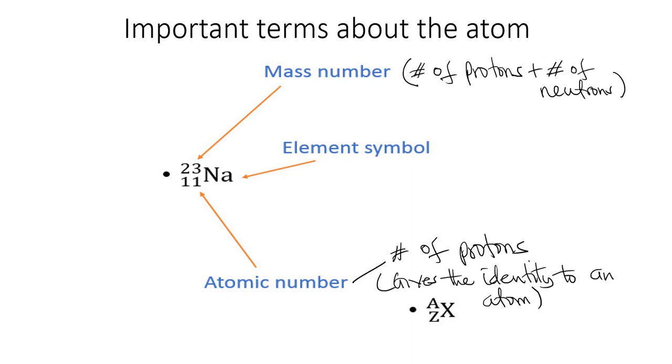So for example, if an atom has 6 protons, you know that that atom has an atomic number of 6. Therefore, the atom is carbon.